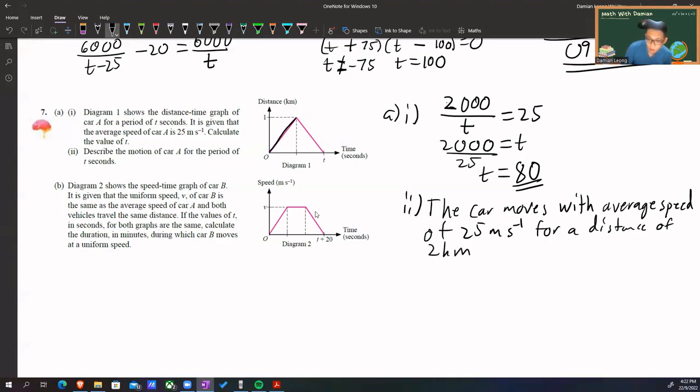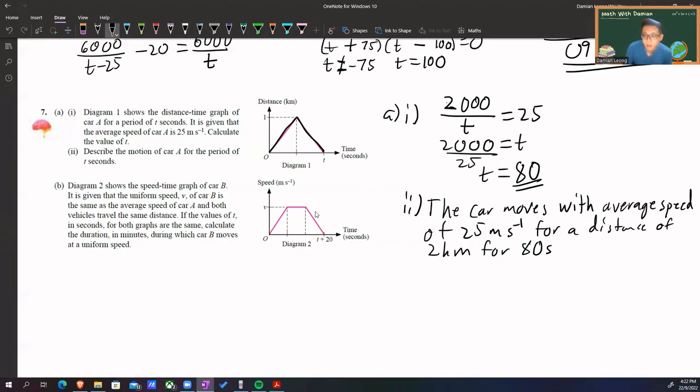Yeah, from the graph, 2 km, and what we just found, for 80 seconds. Yeah, just describe according to the information that we have.